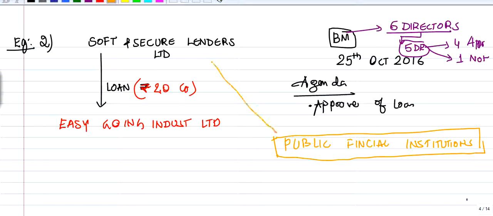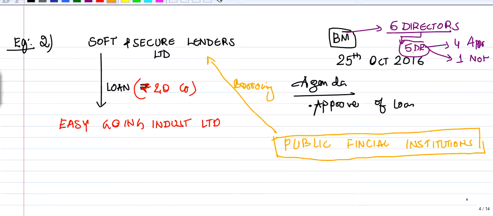So borrowing from the public financial institution and also deposits, that's okay. So you know the case: Soft and Secure Lenders Limited has given a loan of 20 crores to Easy Going Industries Limited. They had a board meeting.